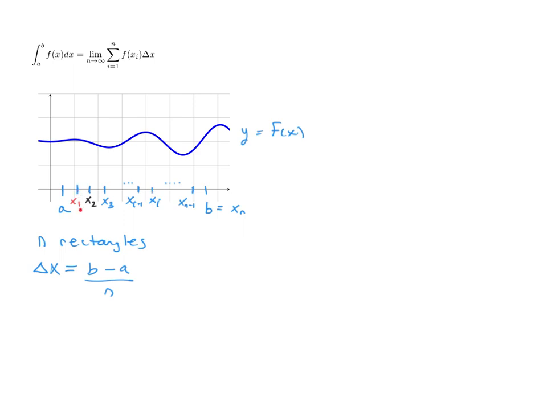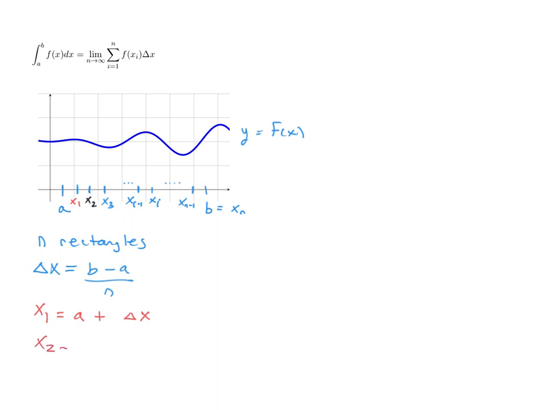Well, let's say you want to get to x sub 1. How many times would you have to add the base of the rectangle from a to get to here? If you want to end up at x sub 1 and you're starting at a, you would simply add the base of the rectangle once, because this length here is delta x. Let's say you're starting here and you want to get to x sub 2. How many times would you have to add the base of the rectangle to get there?